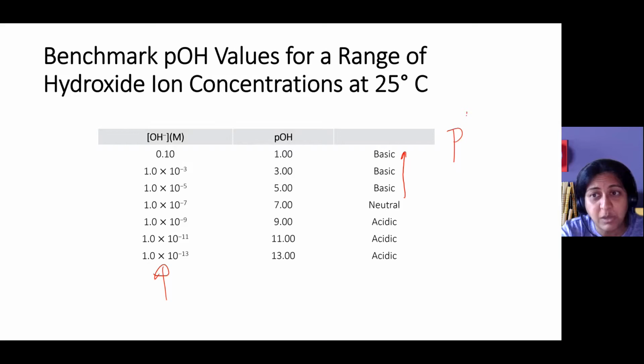This is the pOH scale, not the pH scale. When pOH equals 7, it is neutral. When the pOH is greater than 7, it becomes acidic. No need to remember two different things. Just remember the pH scale. The pOH scale is just the opposite of the pH.